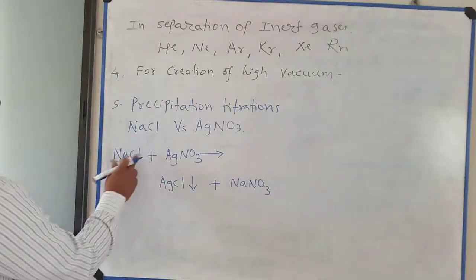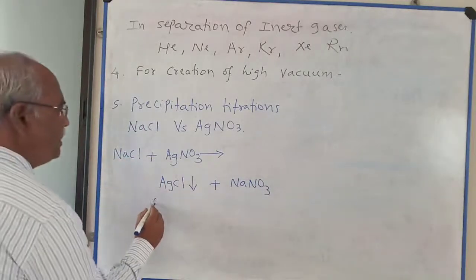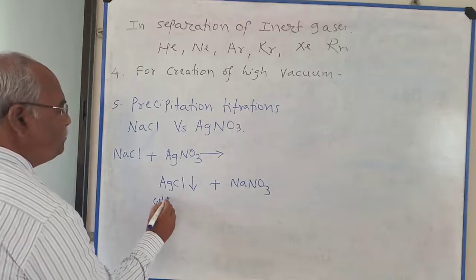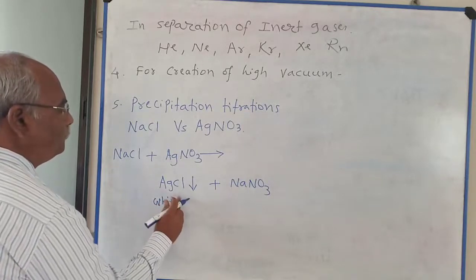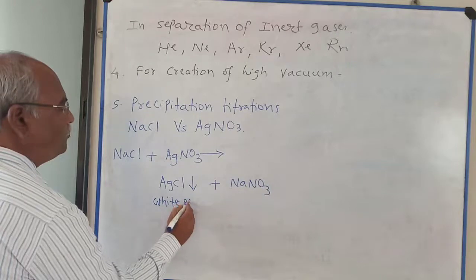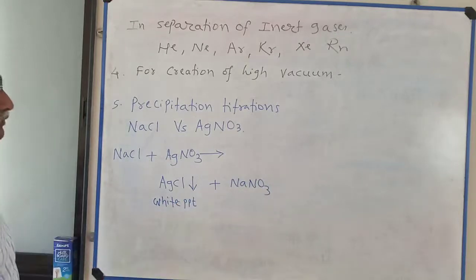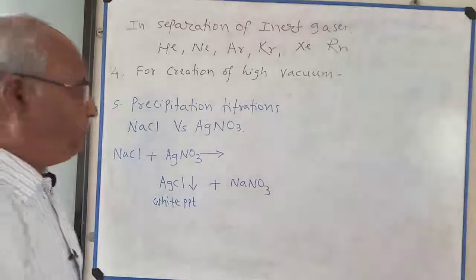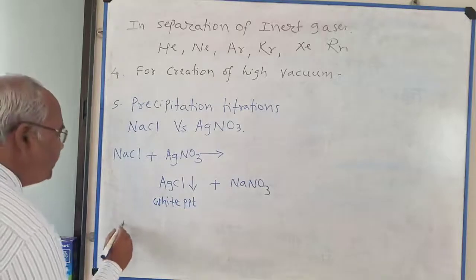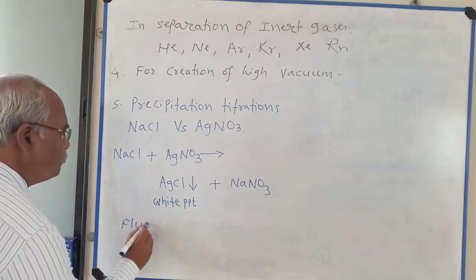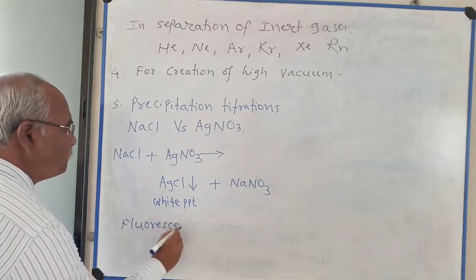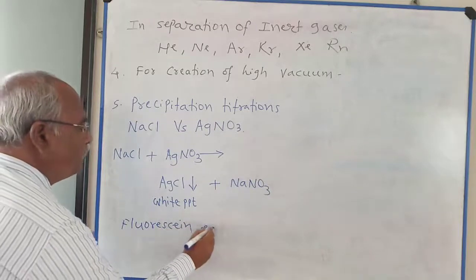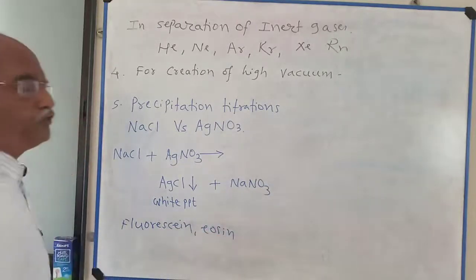Ag+ reacts with Cl- and forms white precipitate of AgCl. In this titration, indicators like fluorescein or eosine are used.